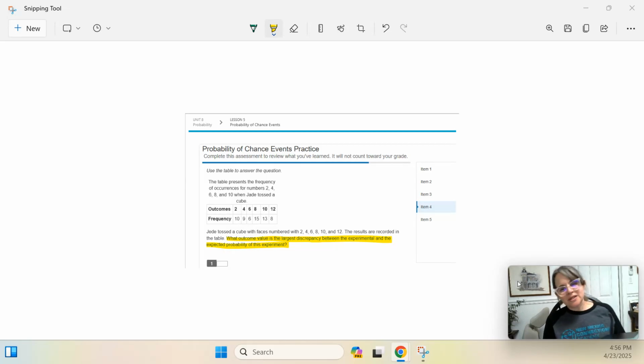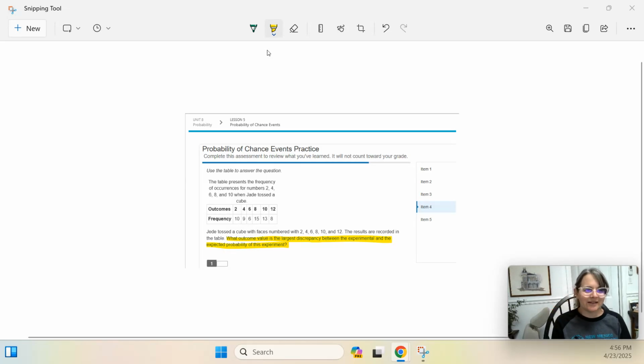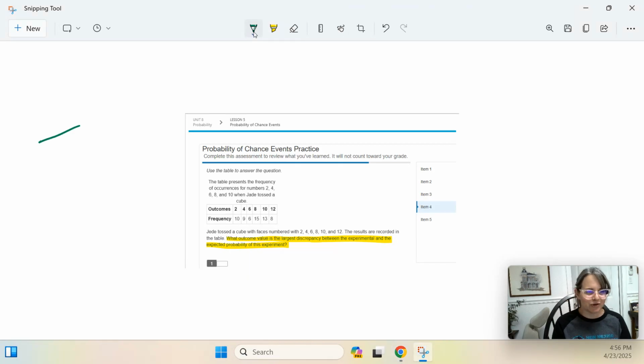Okay, so if you look at this problem, this is weird to me, but this girl Jade has got a die that doesn't have any odd numbers. She's got a number cube, and it's got the 2, the 4, the 6, and it doesn't have the 1, 3, 5.